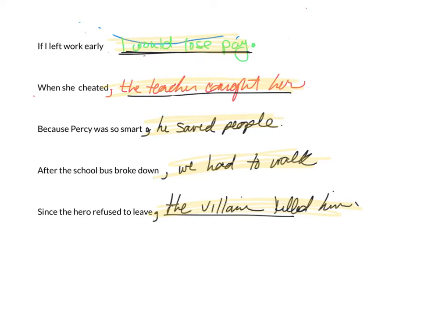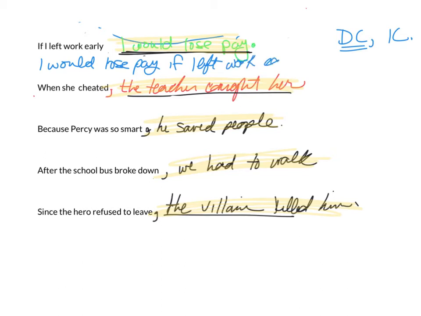Because you see, with dependent clauses, there are two patterns. You have that DC, comma, IC, when you've got the dependent clause up front. But I want you to watch what I can do. That's right.